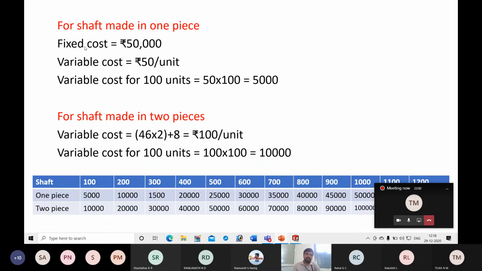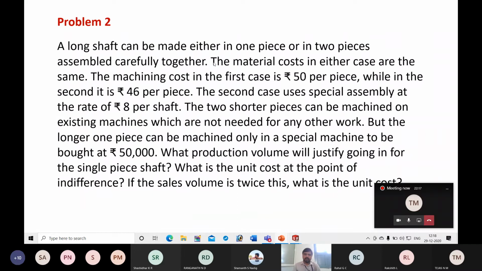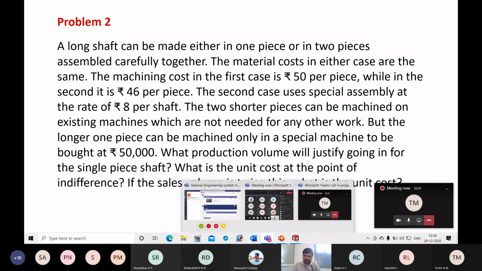So here in this case, the investment on the special machine is the fixed cost, and that is 50,000. Variable cost is rupees 50 per unit. So the machining cost in the first case is rupees 50 per piece. Again it depends on the production volume, per piece, so that means per shaft.